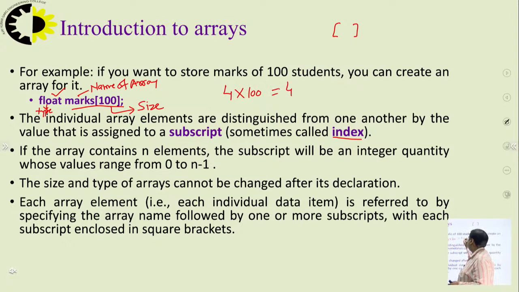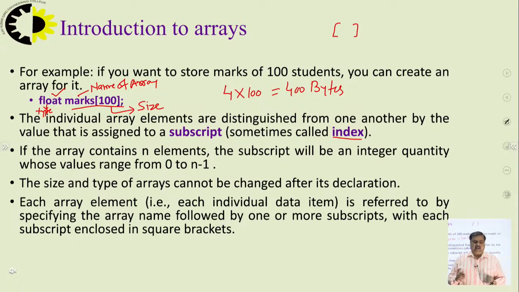So, 400 bytes will be reserved in the memory, and it cannot be changed throughout the program execution, because it is static memory allocation. In static memory allocation, we cannot change the size of a data structure during the program.